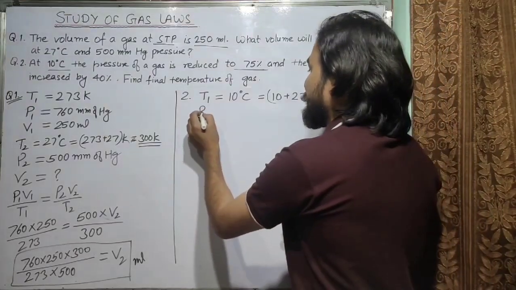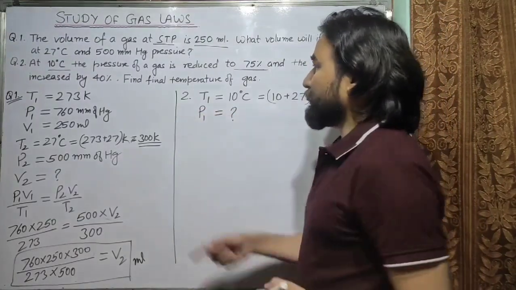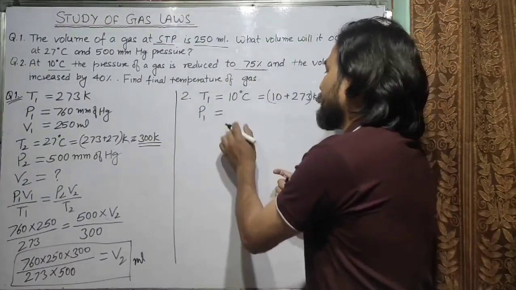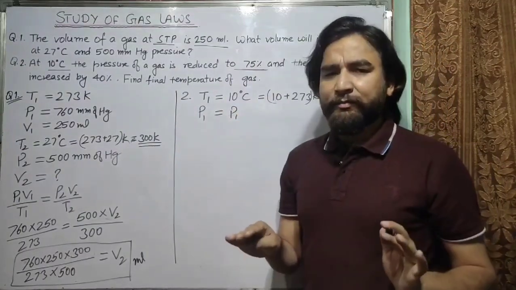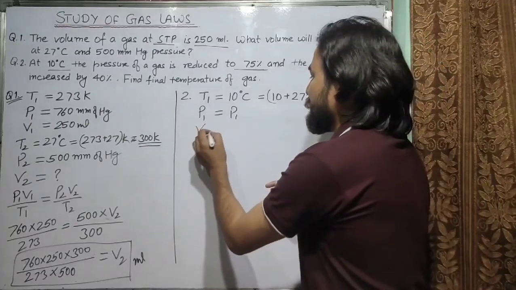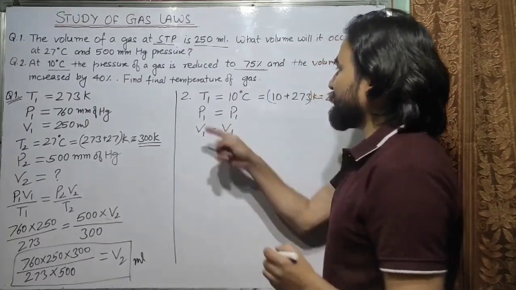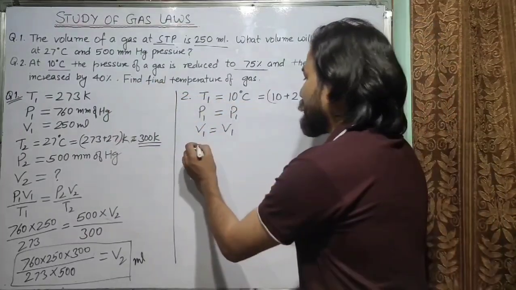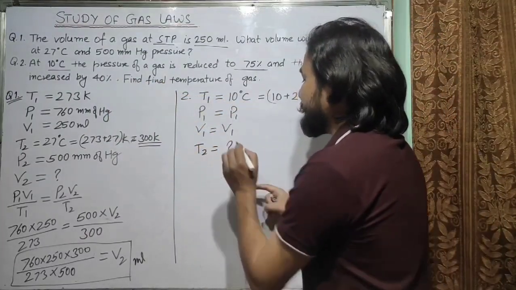So temperature in Kelvin is 283. Then P1 is not given, so we can take it as P1. V1 can be taken as it is V1 because volume is not given here. Now we have to calculate T2.